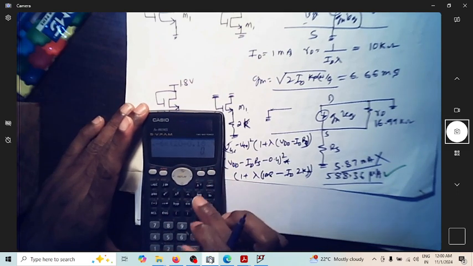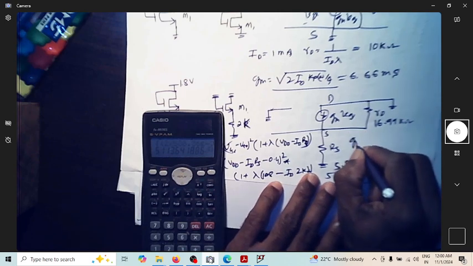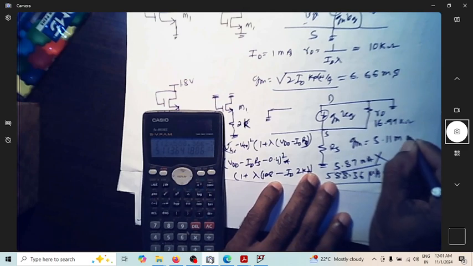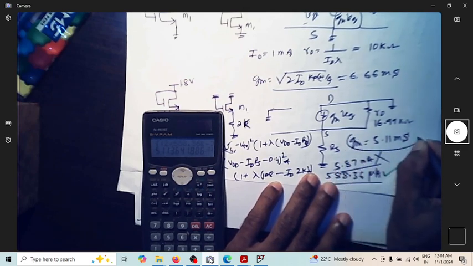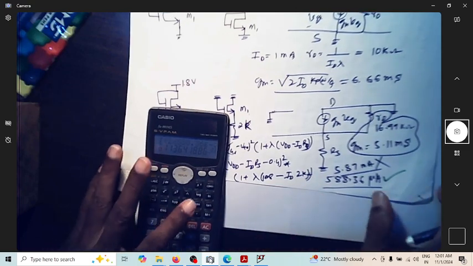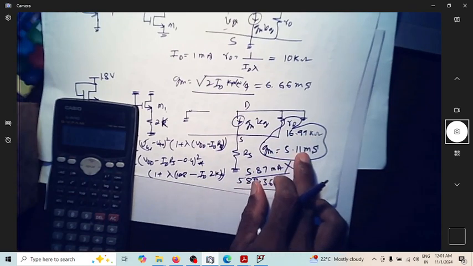That is the W by L given. Close. The GM value is 5.11 millisiemens. So R0 is almost 17 kilo ohm, GM is 5.11 millisiemens.